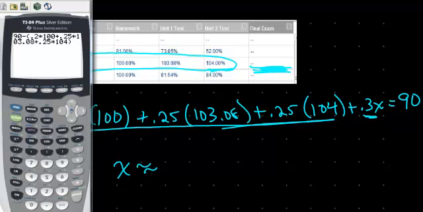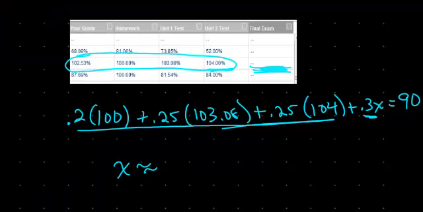Okay, enter that, divide by 0.3, and so this student can make as low as a 60, let's say a 61, so about a 61%, and this student was still making an A.